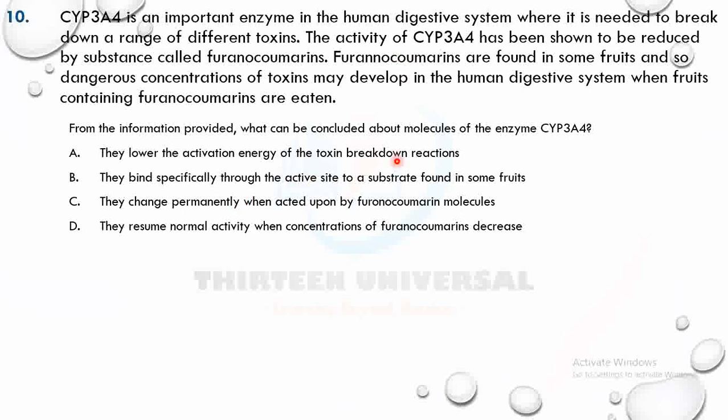And D says they resume normal activity when the concentration of furanocoumarin decreases. We're not told that either; this talks about competitive, that talks about non-competitive. So none of this was connoted from the background information. So it's only A that sounds correct.